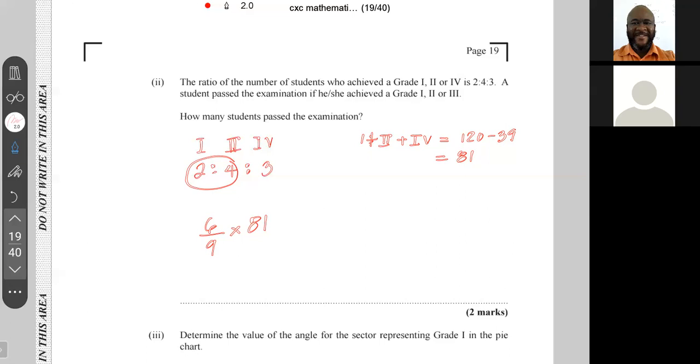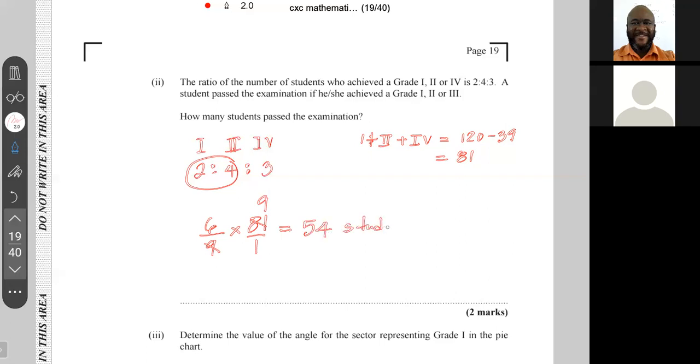The 81 is divided into 9 parts, and 1 and 2 is 6 out of the 9 parts. 9 into 81 is 9. 9 times 6 is 54 students.